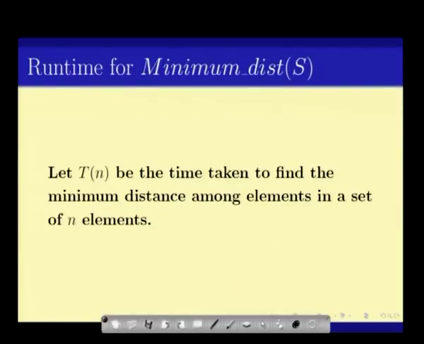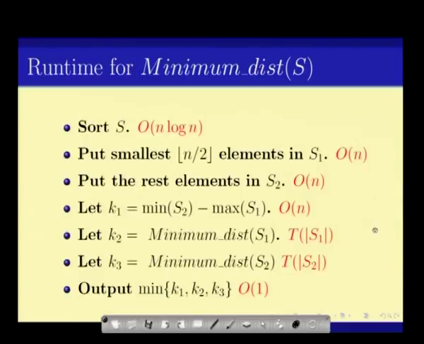Now, like in the case of any other divide and conquer approach, let T(n) be the time taken to find the minimum distance of elements in a set of size n. Note that the sorting takes order n log n steps. Once we have sorted it, putting the smallest n over 2 elements in S1 takes order n steps, and putting the rest in S2 takes order n steps.